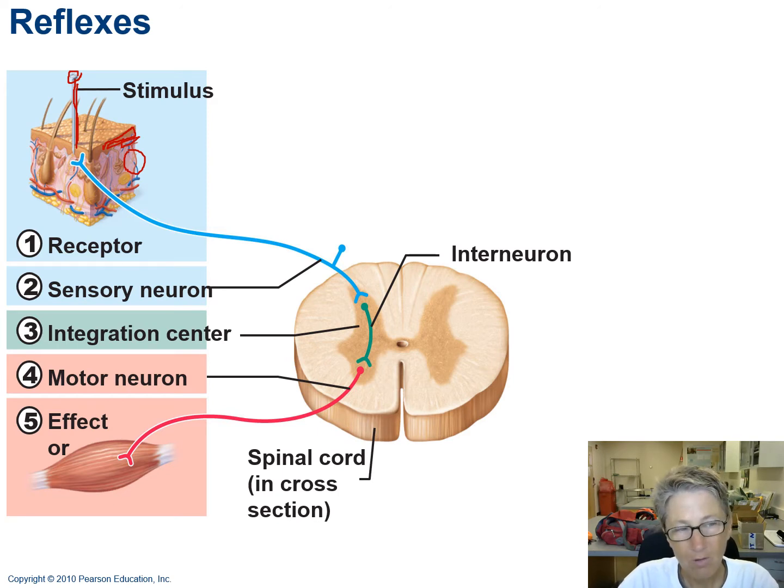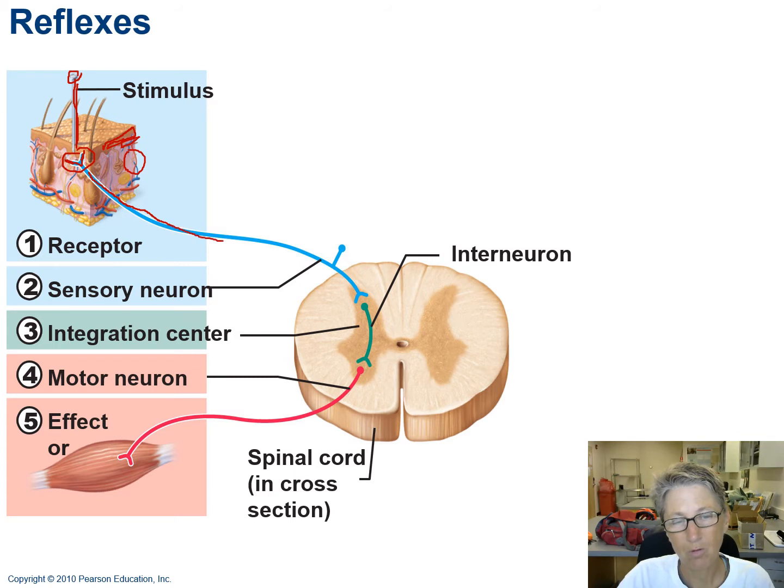So the nail goes into your skin. Here's a blue sensory afferent nerve ending, so this would be a dendrite. There are chemicals given off when the nail pierces your skin, and the dendrites receive that pain stimulus, and it's converted to an action potential.